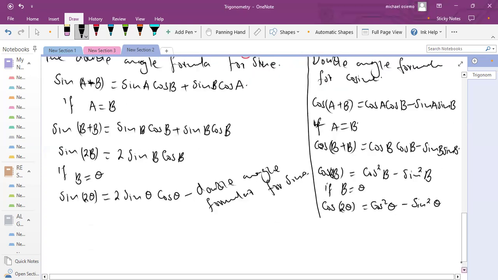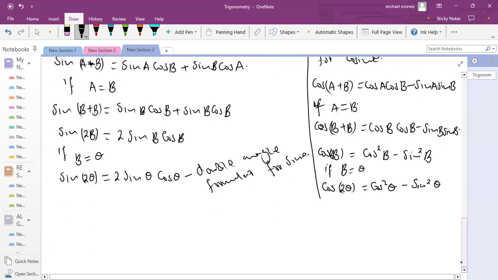And so it means that we can now develop the double angle formula for what? For tan.